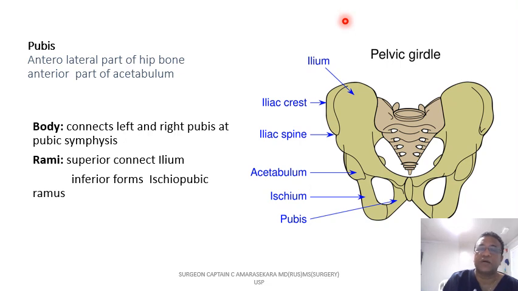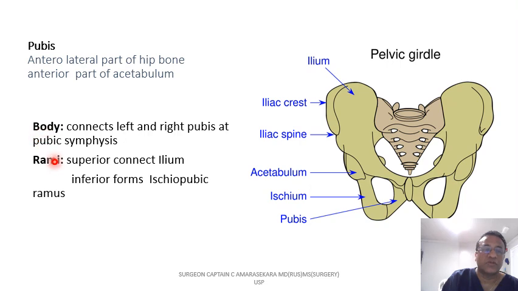It extends upward to articulate with the ilium, and then the inferior pubic ramus projects laterally and inferiorly to articulate with the ramus of ischium, to make the ischiopubic ramus, and together they form the obturator foramen, where neurovascular structures pass through.